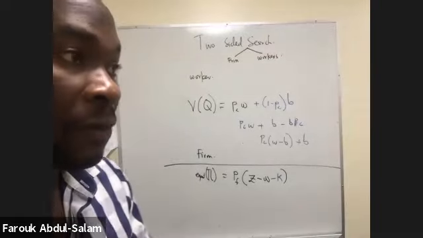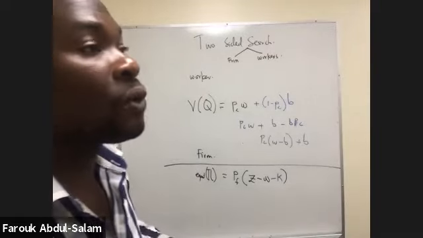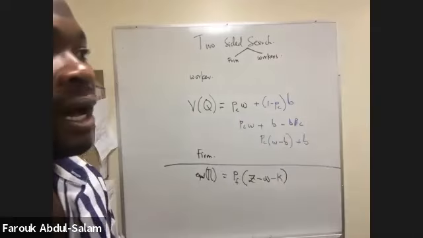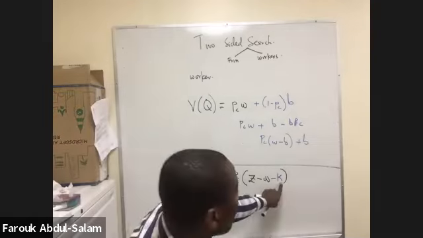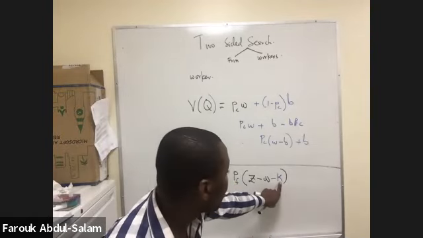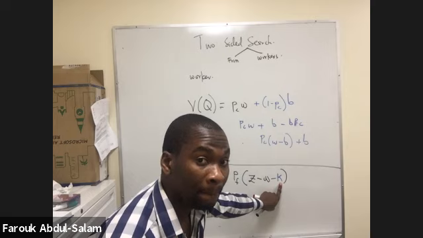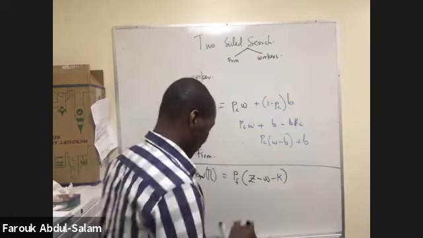Are you willing to come and work for me? The fact that I have to post posters and hire people to help me advertise this position comes at a cost. And this cost is going to be K.